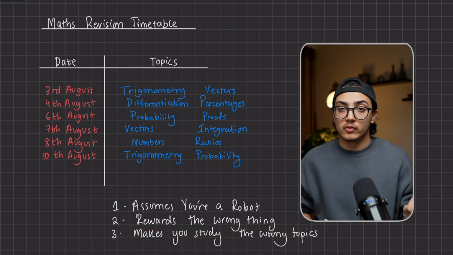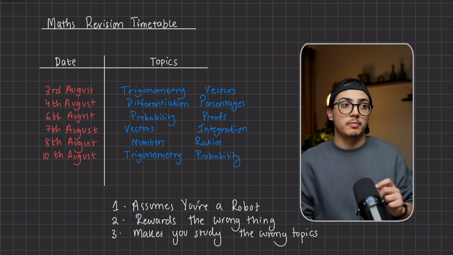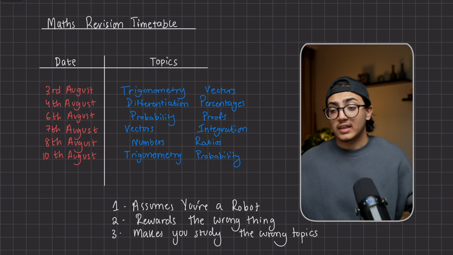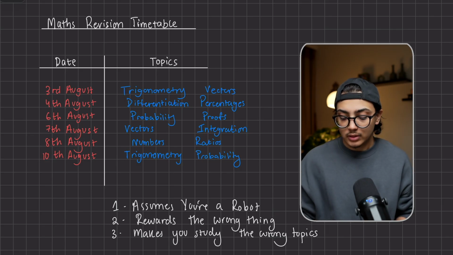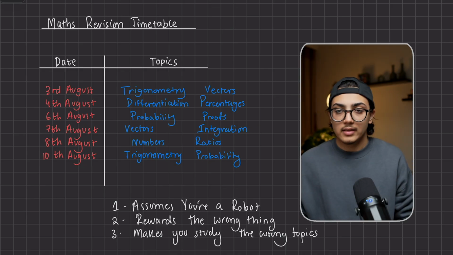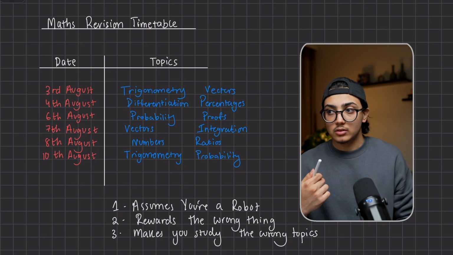Problem number 2 is that it rewards the wrong thing. I know people personally who just sit down and spend 2-3 hours making revision timetables, making them all pretty, getting their highlighters out, getting different color pens out, and making a pretty little timetable that basically covers the whole syllabus. Now, it feels productive, but in reality, it's not productive at all.